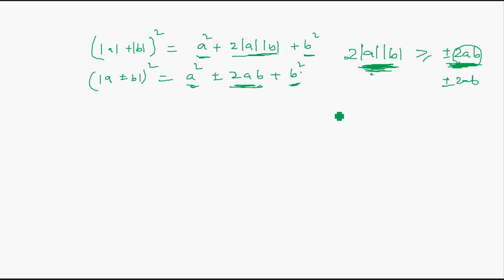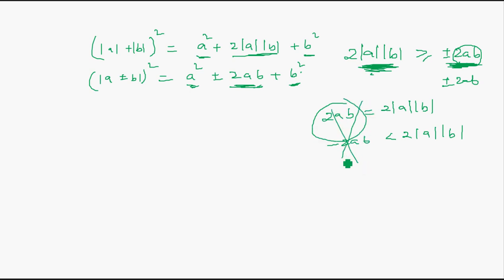So what I'm trying to say is, if 2ab is positive, then this will be equal to 2 of mod a mod b. If 2ab is negative, then it will be less than 2 of mod a mod b. Why? Because negative numbers are obviously lesser. So plus or minus 2ab may be negative or positive.